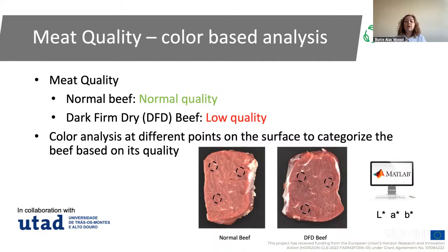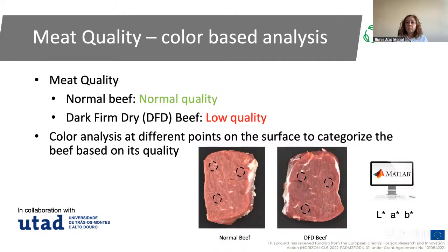It is classified as low quality, because it is obvious from its name that it's firm and dry, so it cannot be eaten as it is. It should be processed to a meat product, for example. That's why it's very important that the quality of the beef is determined after slaughter at the slaughterhouse, but it should also be very quick.